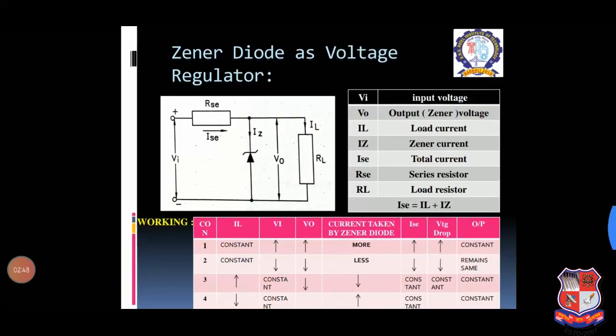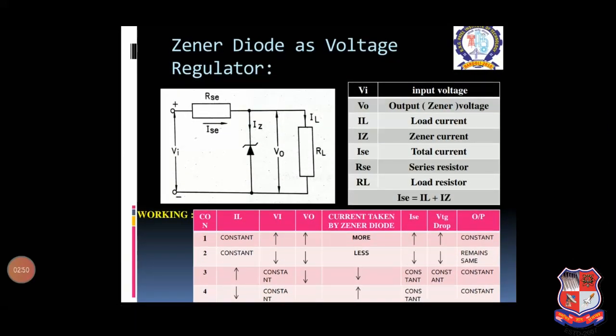Now let's talk about the working of the Zener diode. Here I created a table to simplify the working and make it easy to understand. So let's go through this working. Condition number 1: if the load current remains constant and the input DC voltage increases, the output voltage tries to increase, but the Zener diode takes more current.